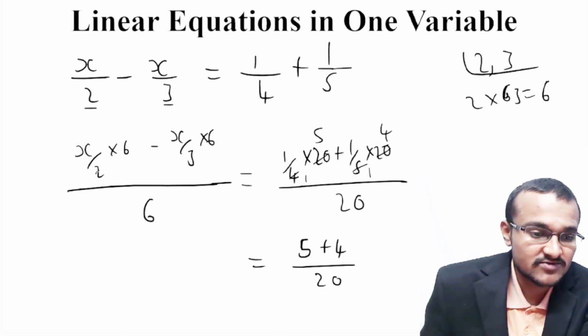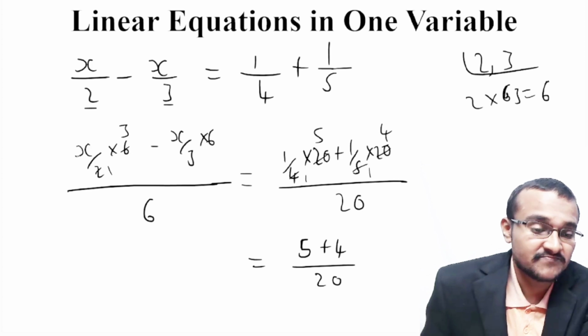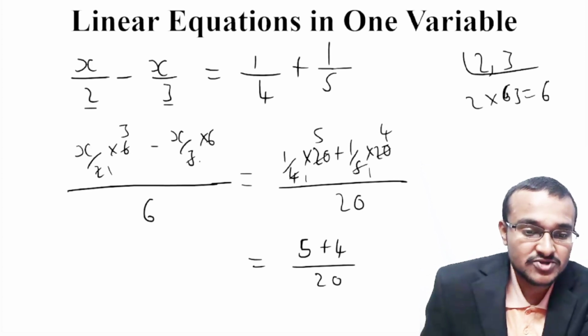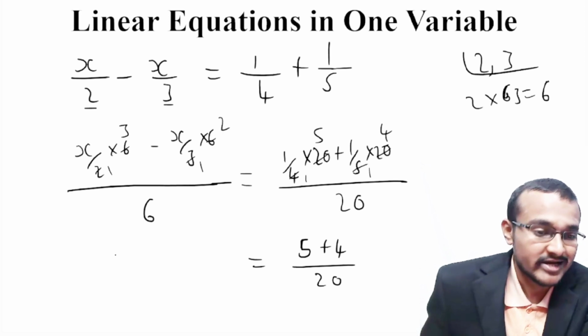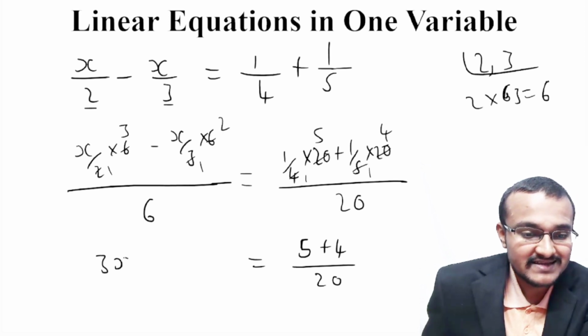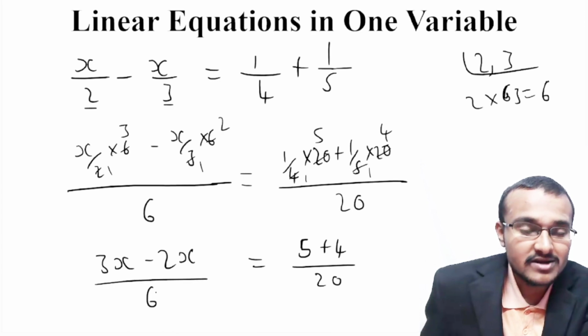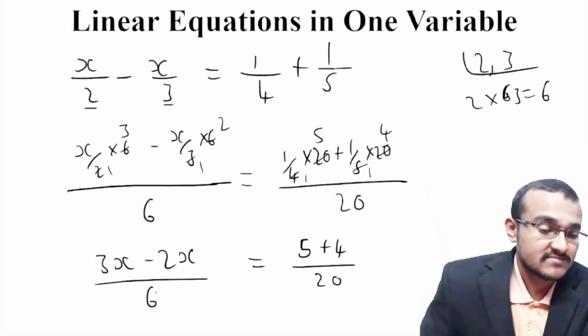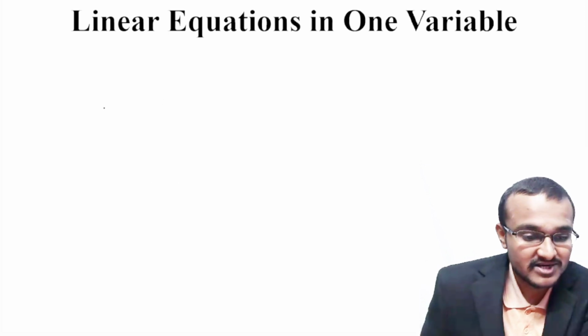So on LHS it will be 2 3s are 6, so 3 into x will be 3x. Here 3 2s are 6, so 2 into x will be 2x. So now you got 3x minus 2x divided by 6 on left hand side. So now you can easily solve this particular equation.